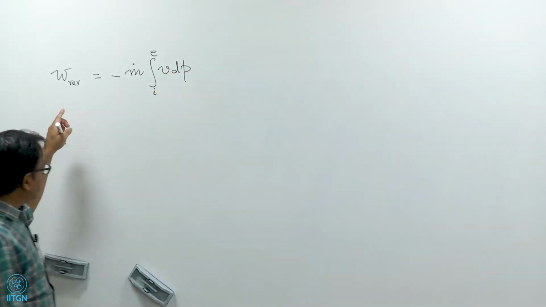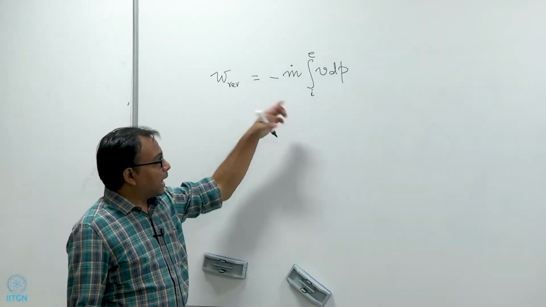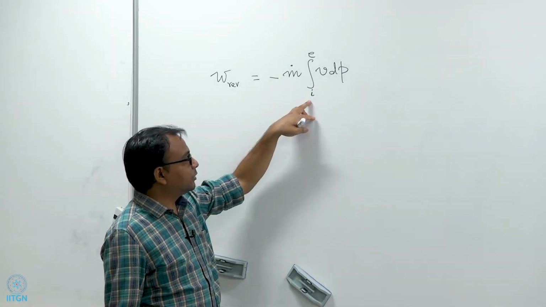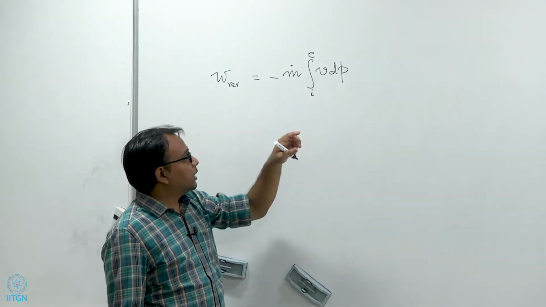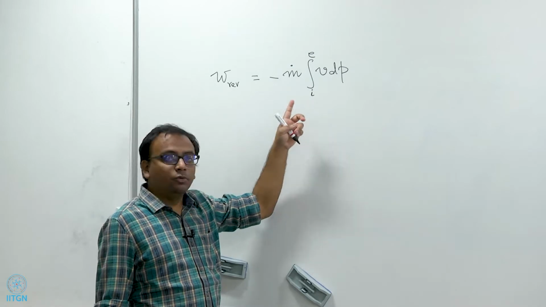This was the work done by the steady flow device as the fluid flows inside the device from the inlet to outlet. And of course, we are talking about a reversibly working device.